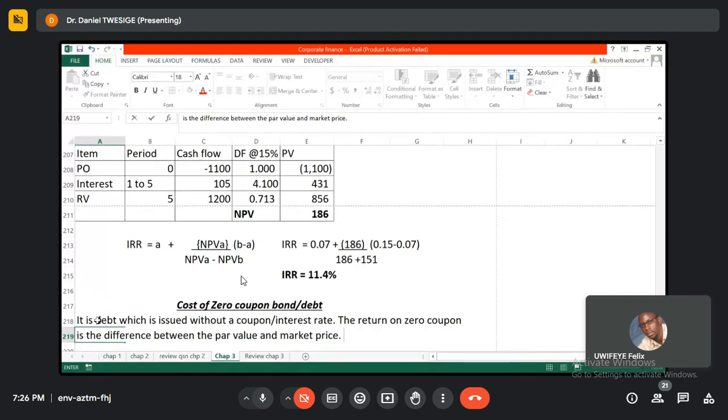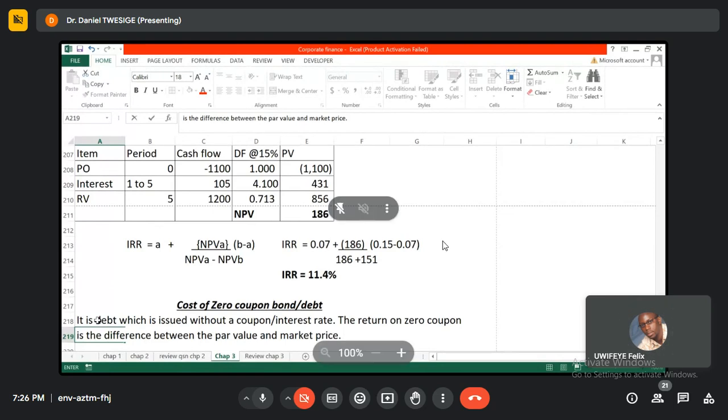You get the return. The difference: if you issue a coupon debt at 1,000 and it is selling at 1,050, then the difference will give you the return of that bond or that debt, because it has no interest.